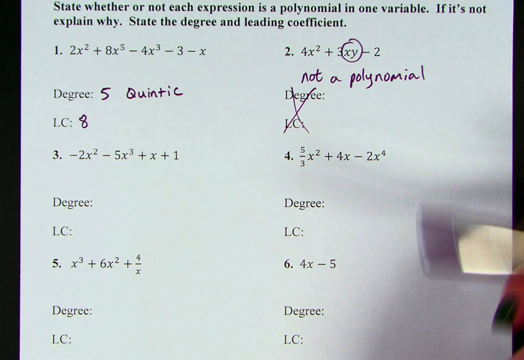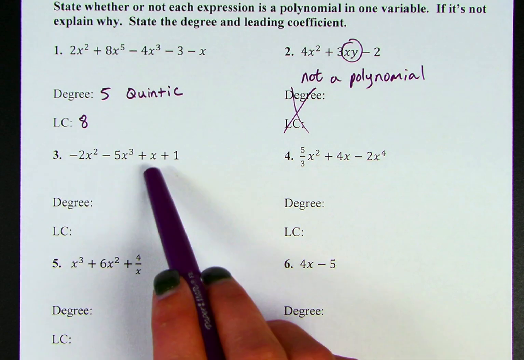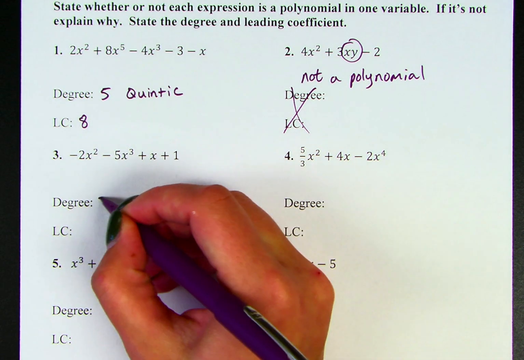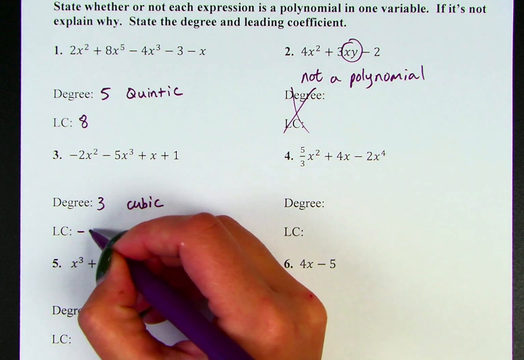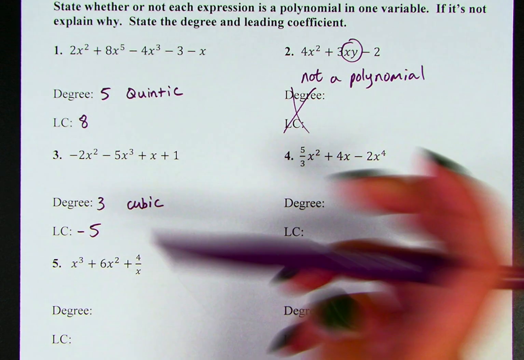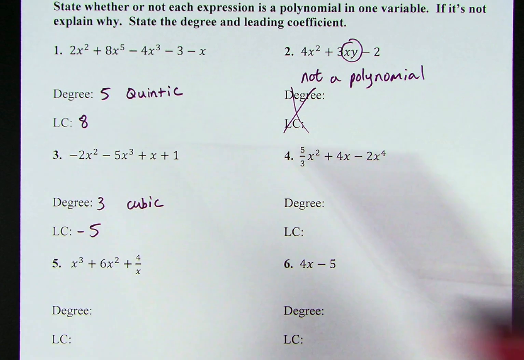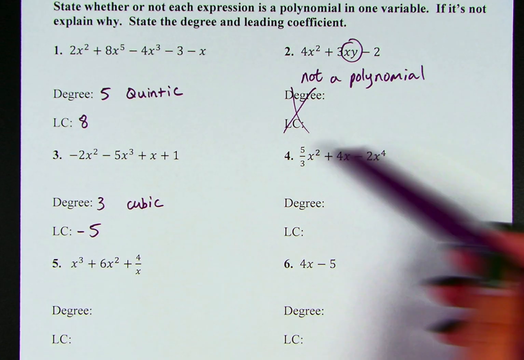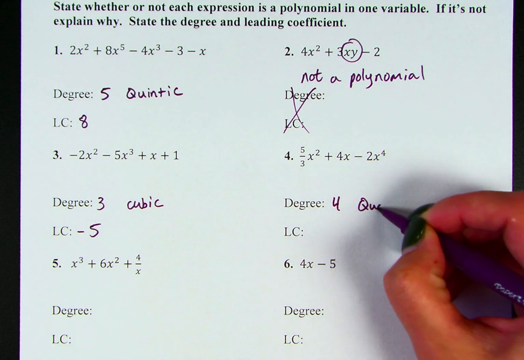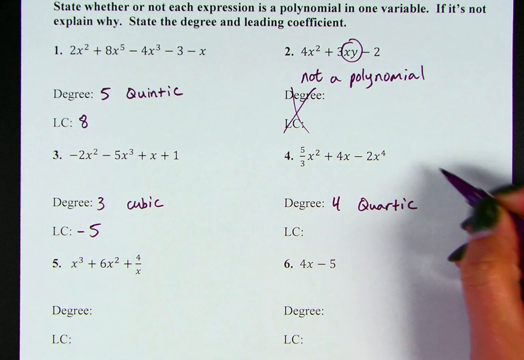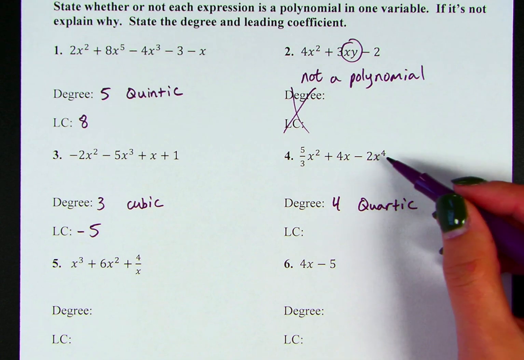All right, so next one, we have a degree of 3. So again, we would say that that is a cubic equation. And then the leading coefficient would be -5. So we have to make sure that we're keeping that sign in front of it. Next one, we have a degree of 4. So that is quartic with a leading coefficient of -2.